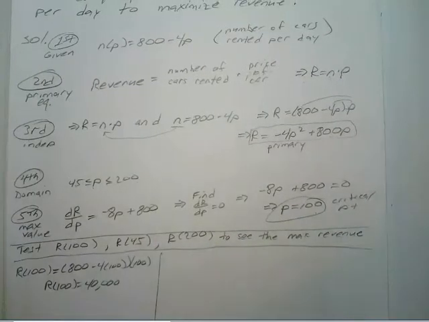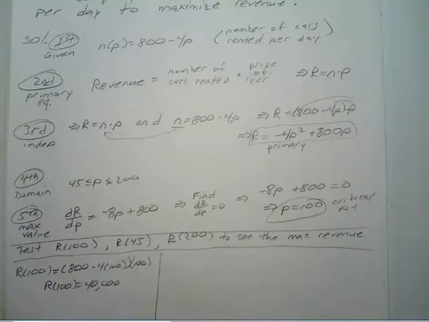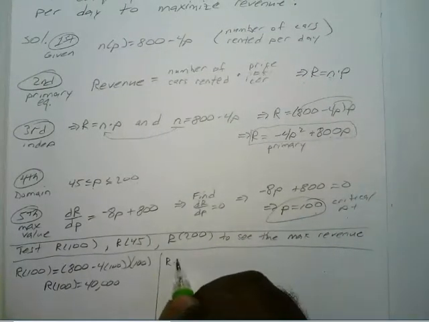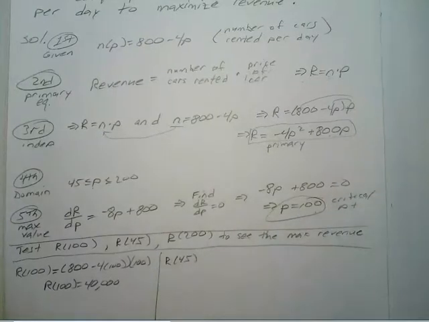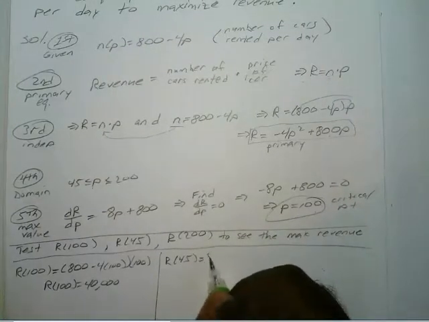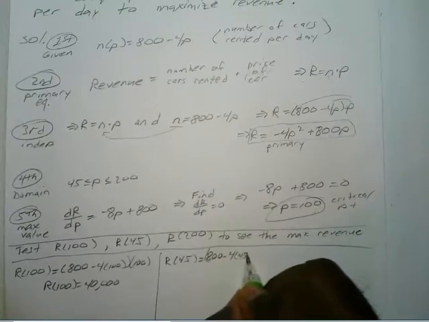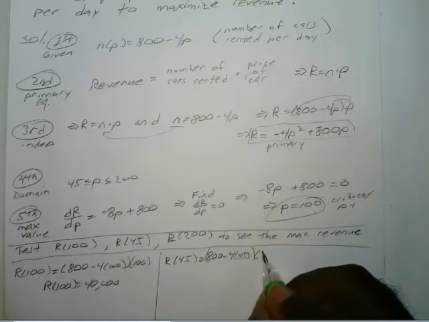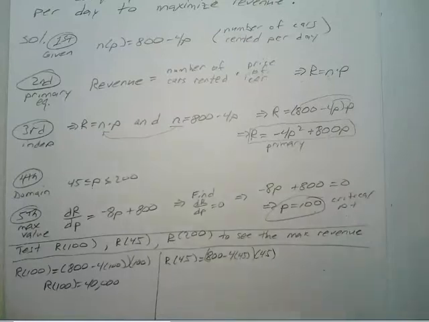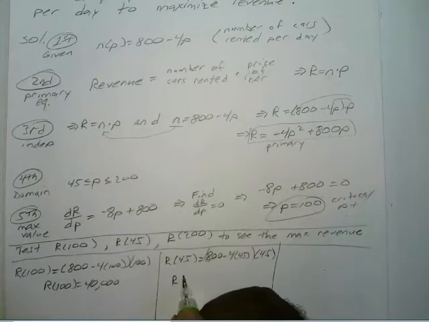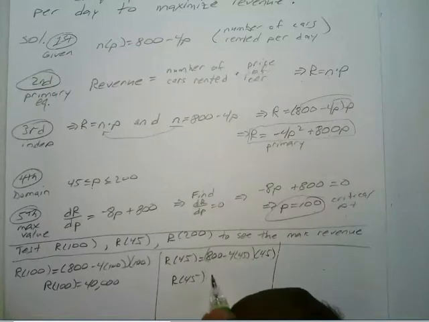All right, so let's try our 45. If you charge $45 each, that's going to be 800 minus 4 times 45, times 45. That is going to be 27,900.